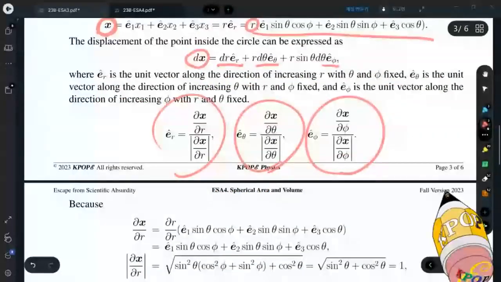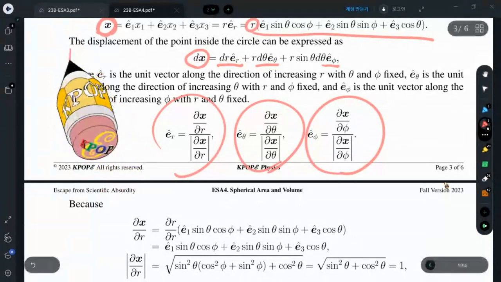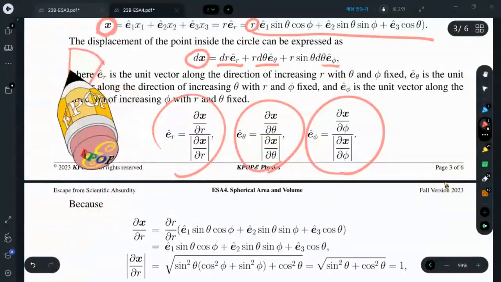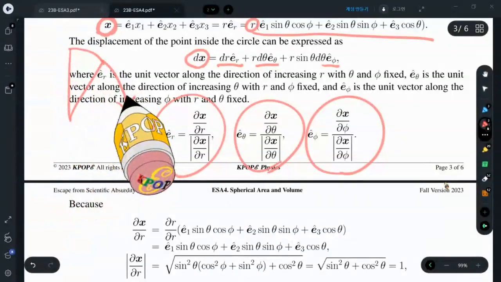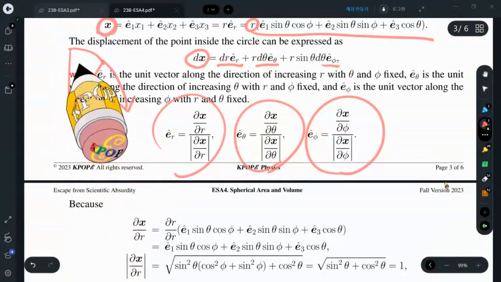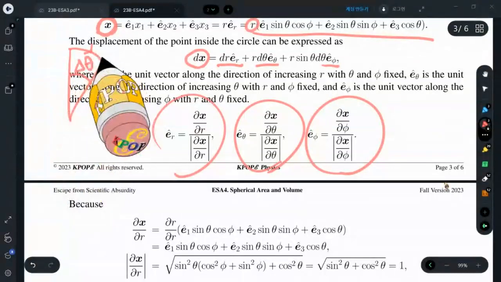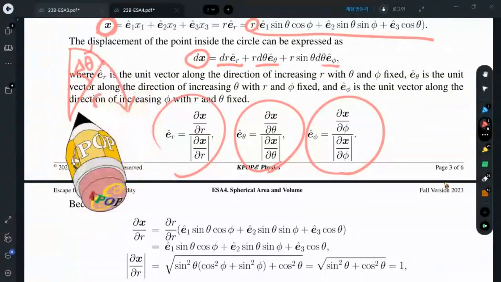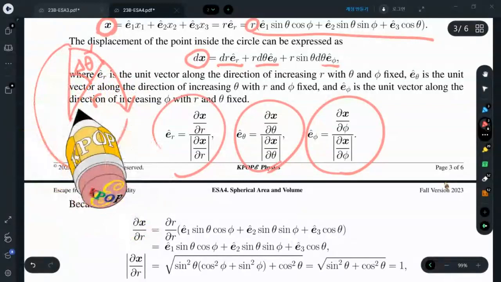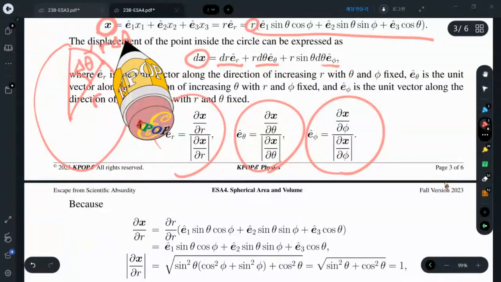Before evaluating those values, if you rotate along the polar angle, and you have an angle delta theta, what is the arc length? This is a circle of radius r, so the arc length is r delta theta.